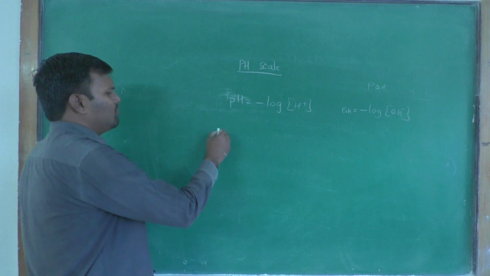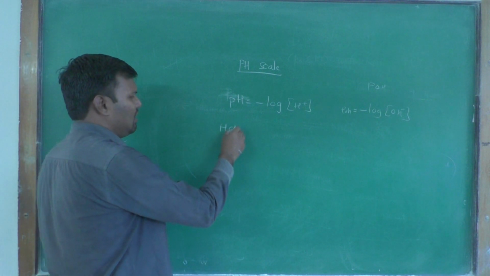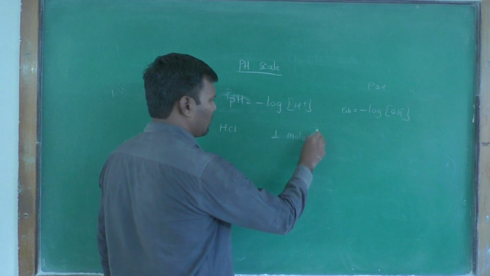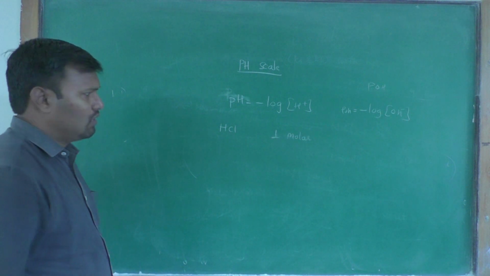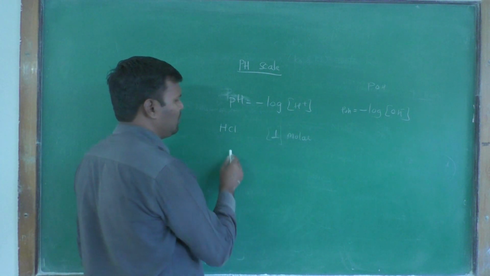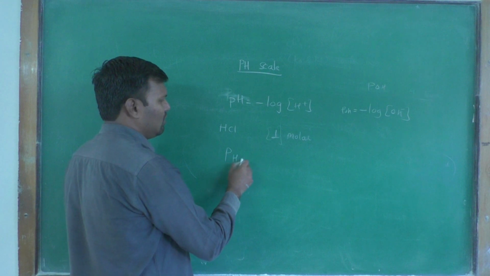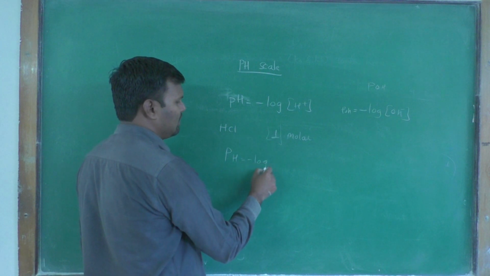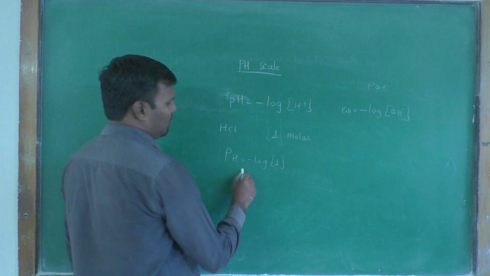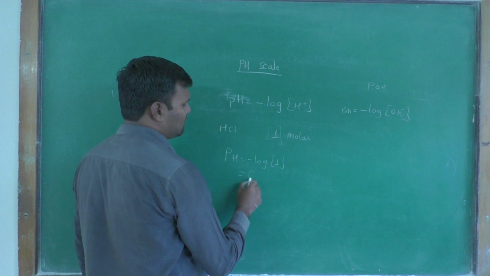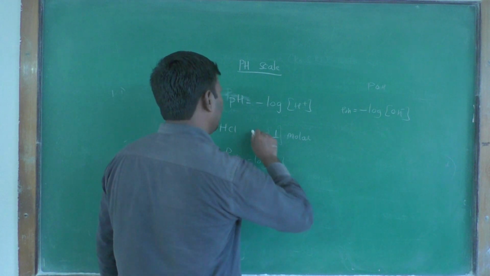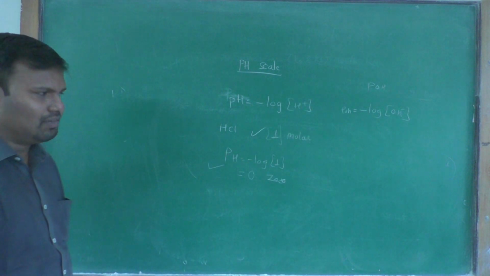Okay, suppose we have HCl of 1 molar concentration. When you put the minus log of the concentration, log 1 is 0. Therefore the pH for HCl, a very strong acid, is 0 when the concentration is 1.